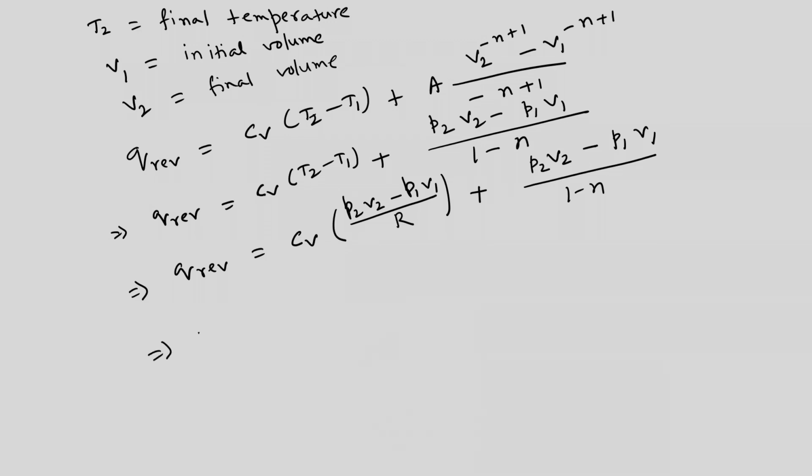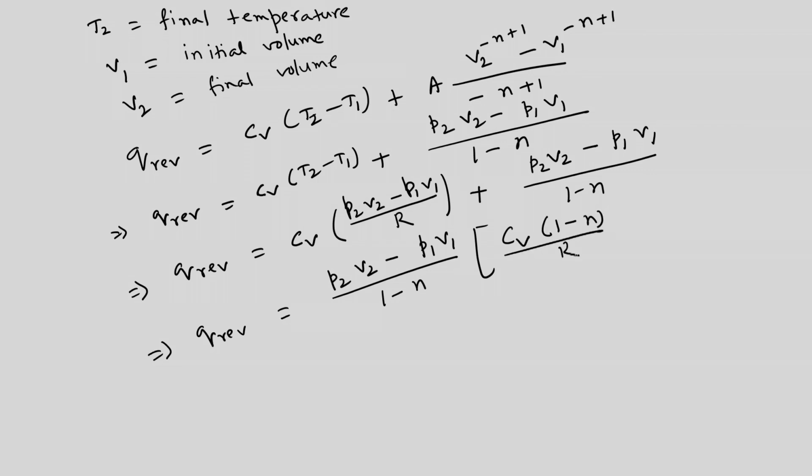So, we get Q reversible is P2 V2 minus P1 V1 by 1 minus n times Cv times 1 minus n by R plus 1.